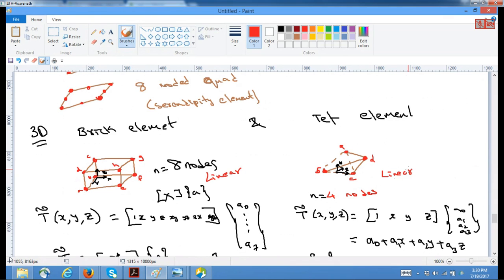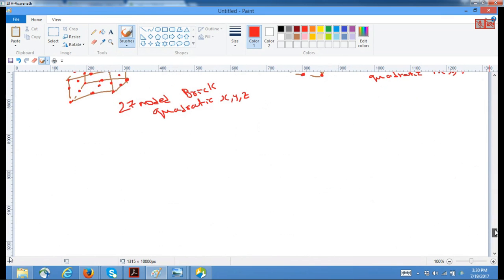So this is the element library which we made use of. I think here we will take the shape and the element stiffness matrix in the subsequent classes. So at this point of time, I will stop and ask if there are any questions from the gallery.